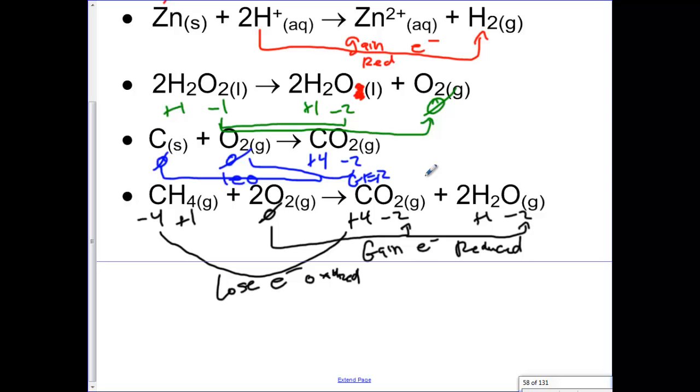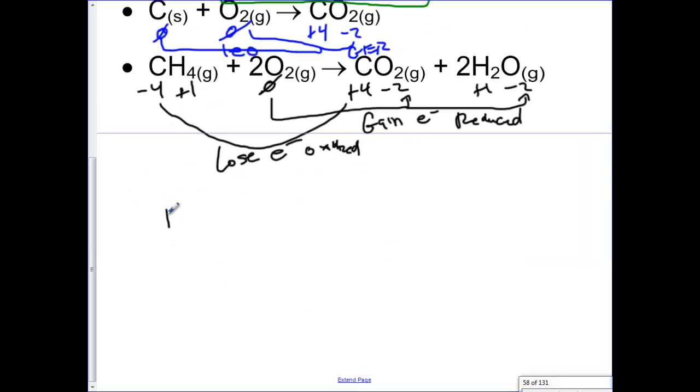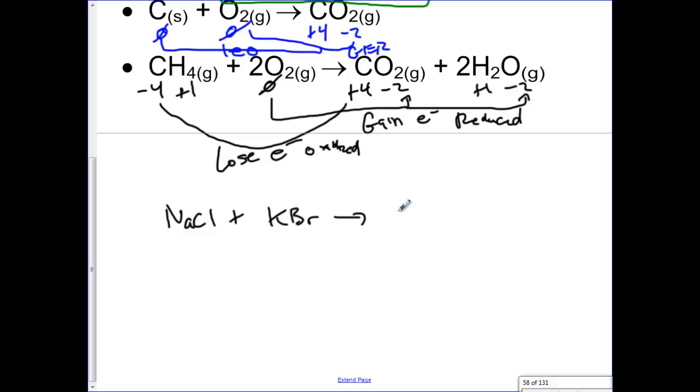Let me show you an example of something that's not a redox reaction. Let's try this one here. So Aiden already picked up, this is a double replacement reaction.